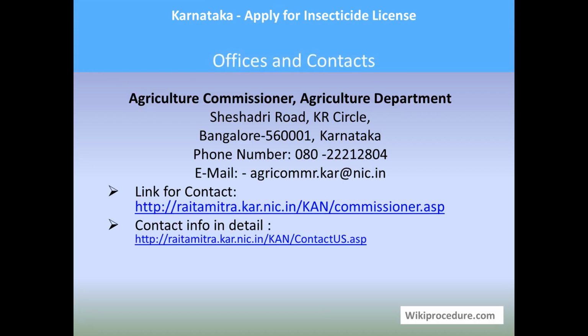We have been talking about approaching the authorities and the agriculture department so many times. So this is the office and contact details: Agricultural Commissioner and Agricultural Department, Seshadri Road, KR Circle, Bangalore 1. Phone number, email ID and contact information are provided here.